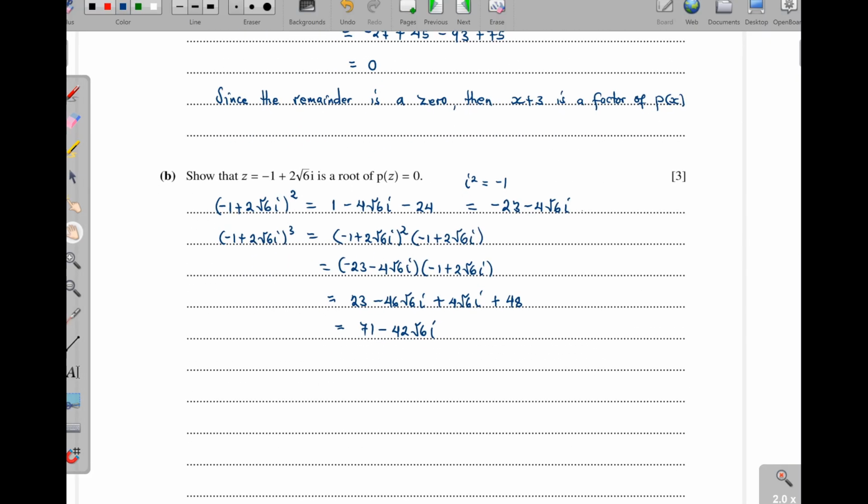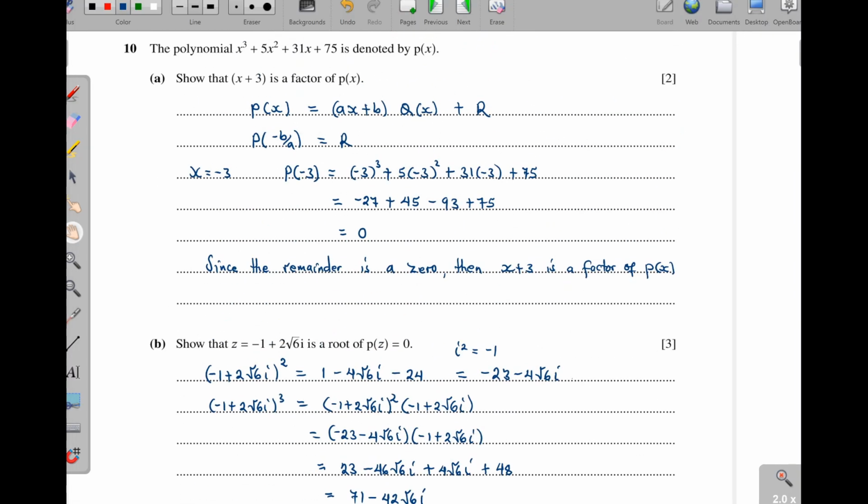Okay, now we shall have P of negative 1 plus 2 root of 6 i. This one will be equal to the cube that we have gotten. Okay, in fact, let me say negative 1 plus 2 root of 6 i, cubed. And so up here, what do we have?